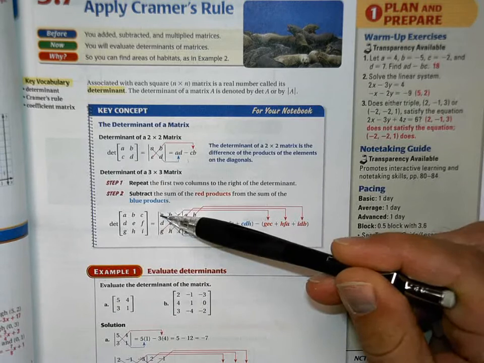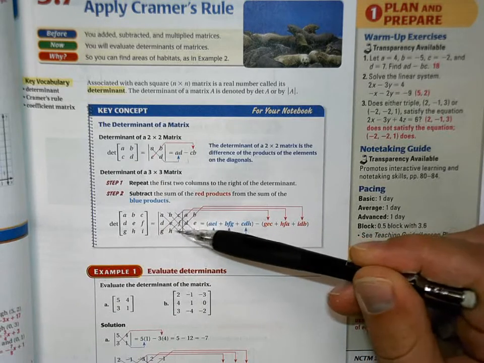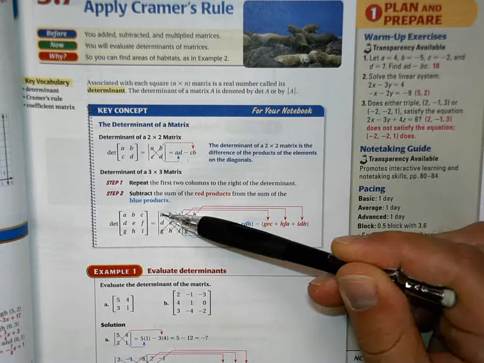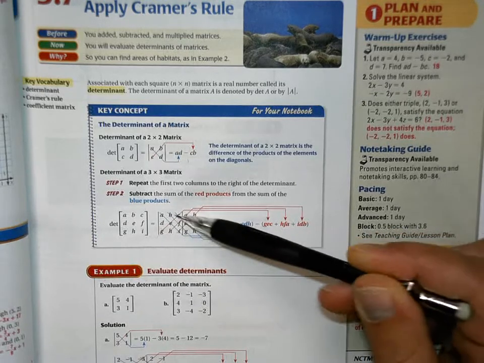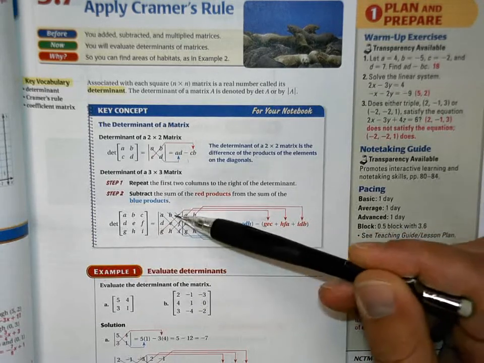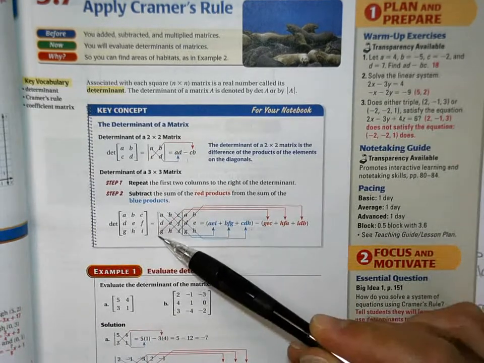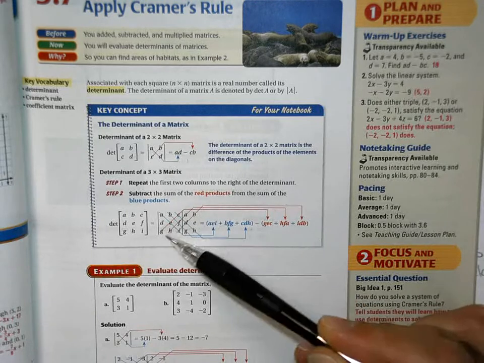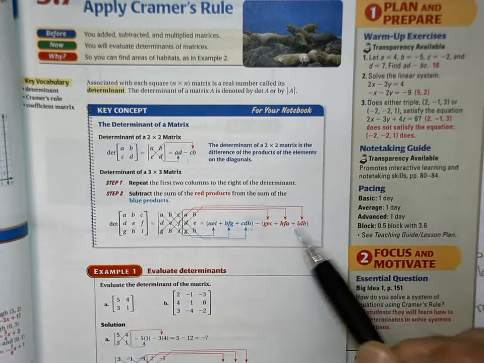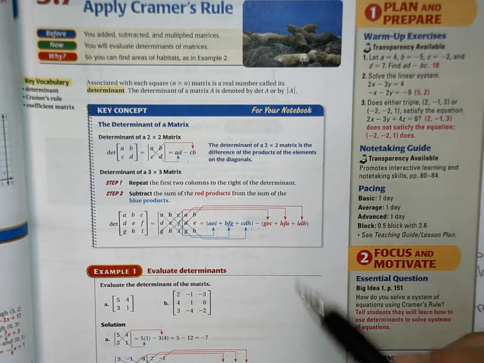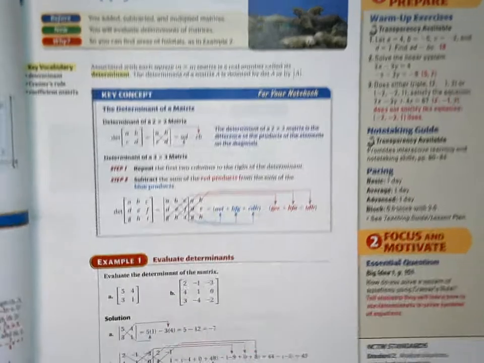So we multiply these 3 numbers in a diagonal. We start with the top left and move to our right. So we have 3 different multiplication products that we add together. And then we start in the bottom left and multiply those 3 diagonals together, and we find the difference, we subtract. So let's just do a couple examples.